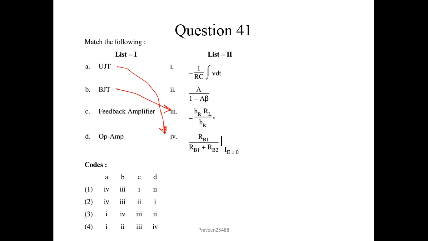Here transfer function is given minus hfe RL upon hie. For feedback amplifier, simply it is A upon 1 minus AB. And for op-amp, so here integrated circuit, the output is given minus 1 upon RC integration of V dt. So our correct sequence is 4, 3, 2, 1. Second one is the correct answer.